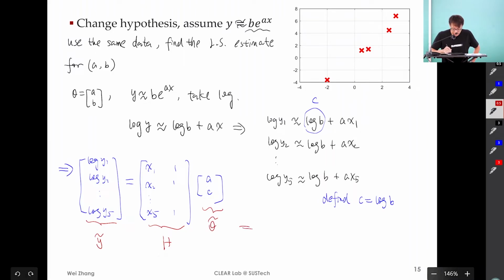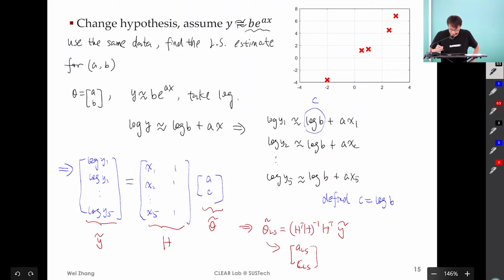Okay, so I can find theta tilde least square equal to H transpose H inverse H transpose Y tilde. From this, you can find a least square and c least square. And based on c, you can find the best estimate of b, e to the c least square hat. c is log b, b is exponential of c.